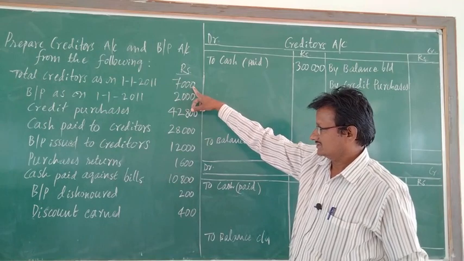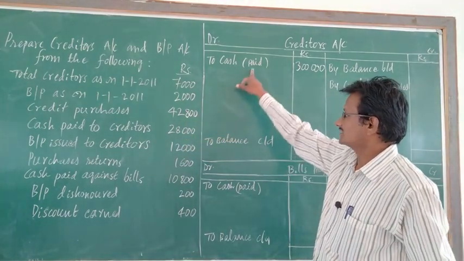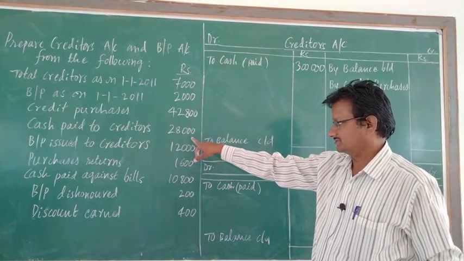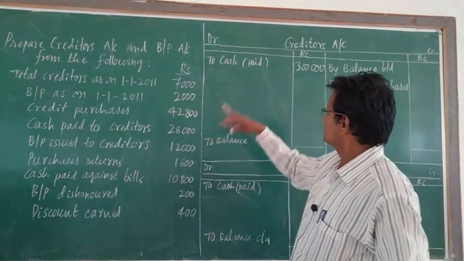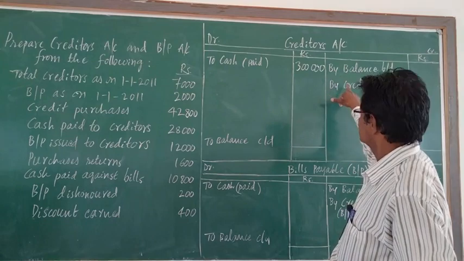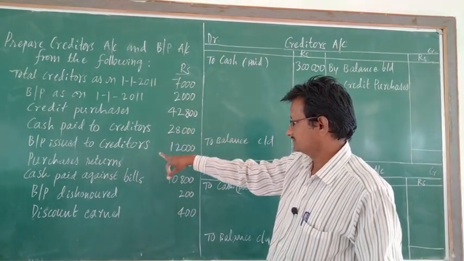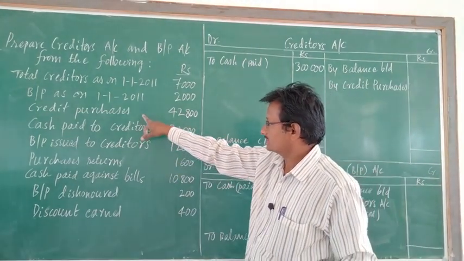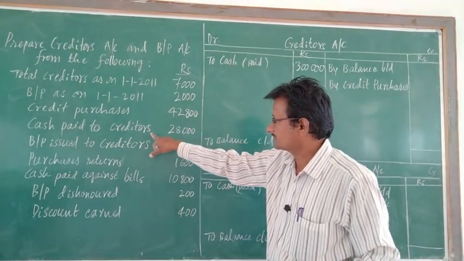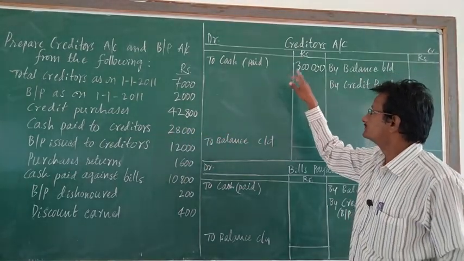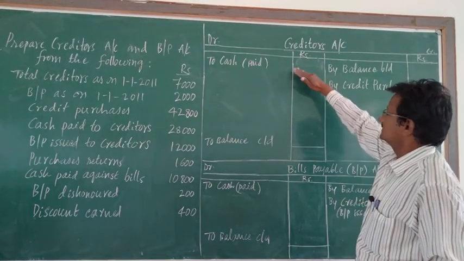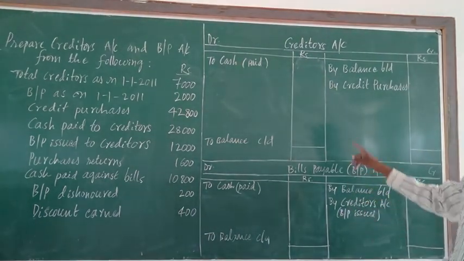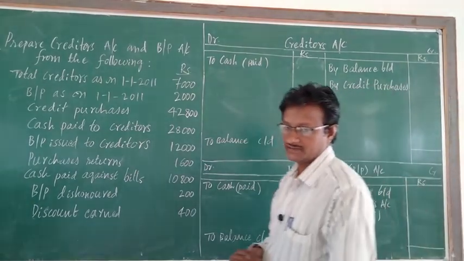creditors, cash paid to creditors is also given, that is 28,000, and credit opening balance is given, also given, and the missing figure here is closing balance of creditors.